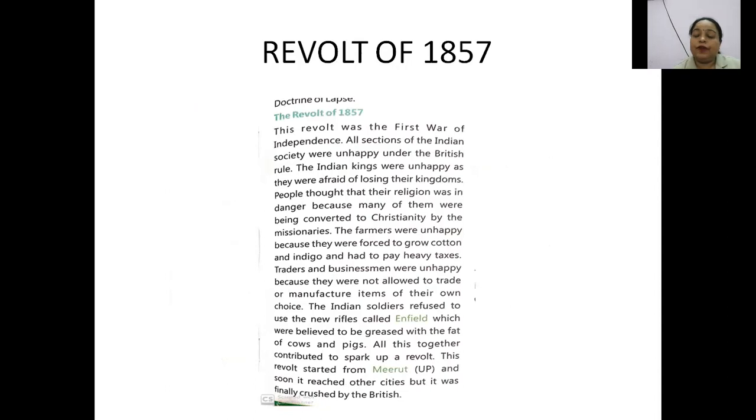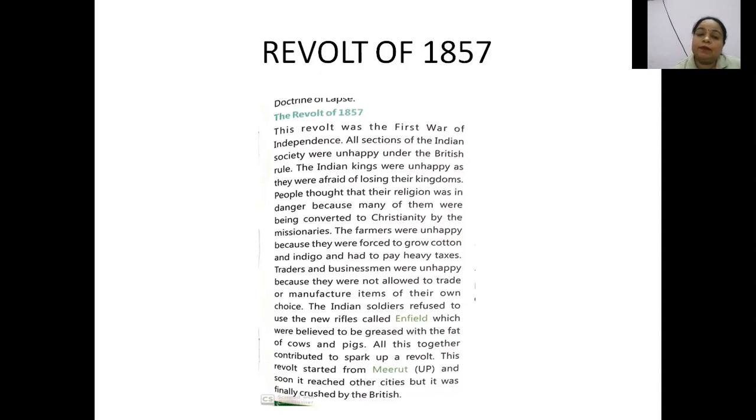Now children, a very important concept in this chapter is the revolt of 1857. Why is the revolt of 1857 important in the history of India? Please understand it. This is a very important chapter, and the very interesting question is why did the people revolt? You know what a revolt is?